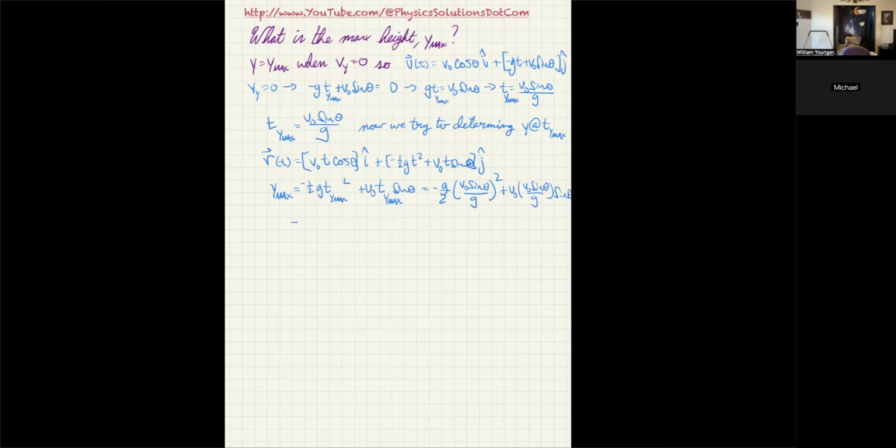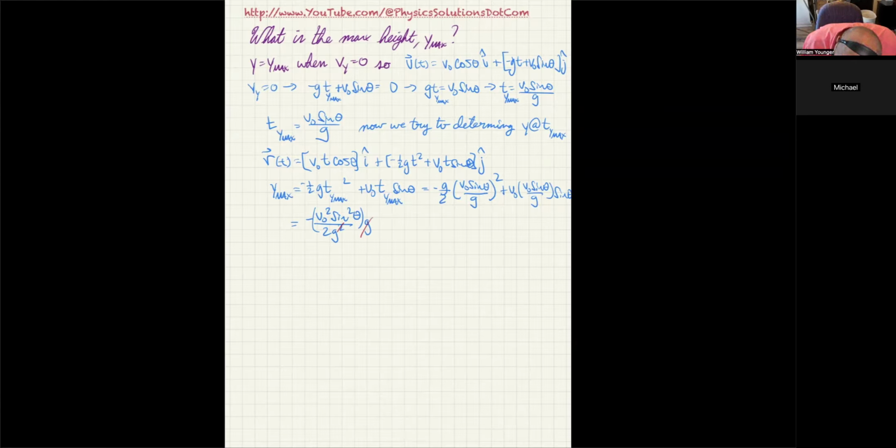So we get y max is equal to, notice, negative v0 squared sine squared theta over 2g times the g we already had out in front. So that g is going to cancel out with this g up there, and that'll just give us v0 squared sine squared theta over 2g, but we still have the other term.